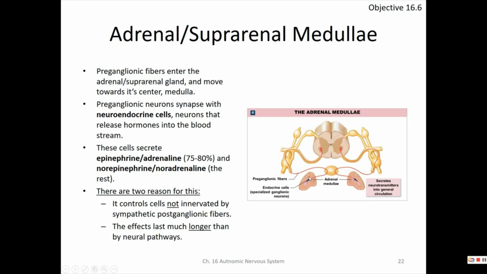And this is the only place this happens, where the preganglionic neuron comes into the adrenal medulla, and at the adrenal medulla, it synapses with a neuron, and that neuron is called a neuroendocrine cell, because it is a neuron that releases hormones into the blood, making it endocrine, and a neuron, both neuroendocrine. And these neuroendocrine cells make two kinds of materials. It makes epinephrine. We know epinephrine, and referred to as norepinephrine.